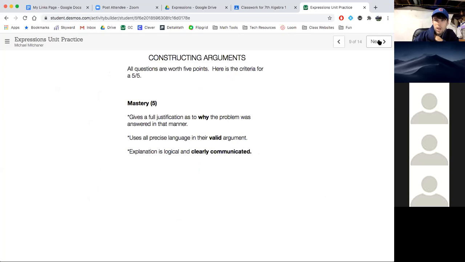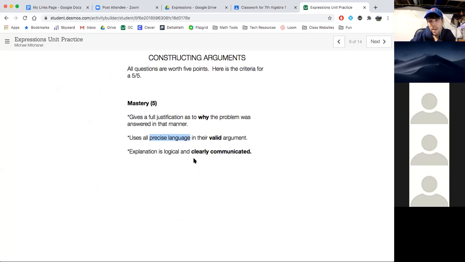Now, constructing arguments is the next type of question that we're going to see. For constructing arguments, we really need to give a thorough explanation. We need to give a full justification of why the problem was answered in that manner and use precise language. So those are our vocabulary terms, making sure we're using really precise vocabulary terms.